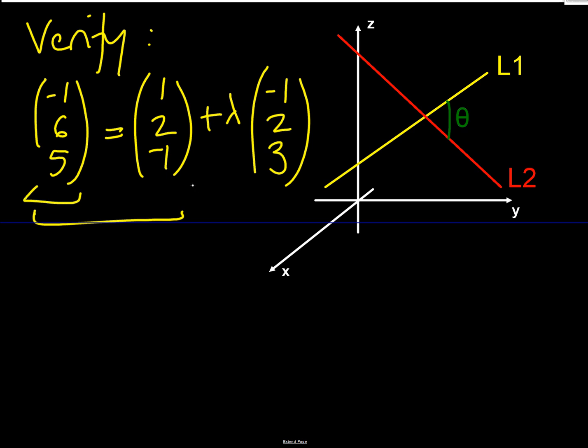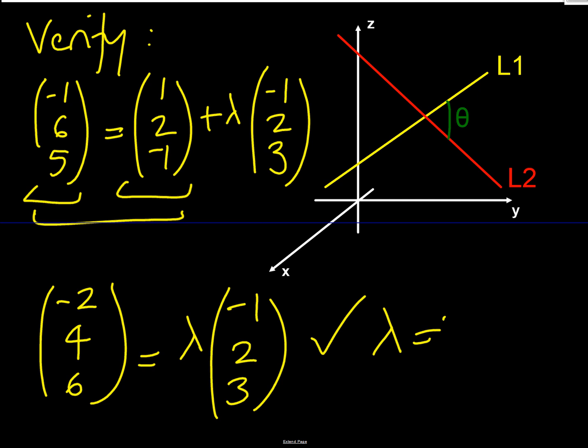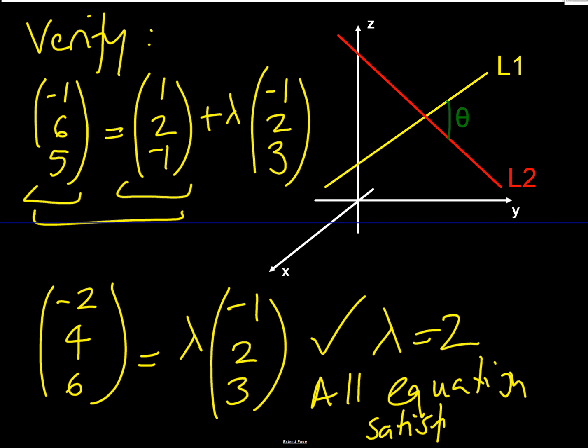I've got these two vectors, so effectively if I take one away from the other, I've got (-2, 4, 6), and that must equal some multiple of the line vector (1, 2, 3), and we can see that, can't we, that lambda equals 2, and all three equations, the x, y and the z, are satisfied. Yeah, so that one is on the line. You can see one vector is a multiple of the other.